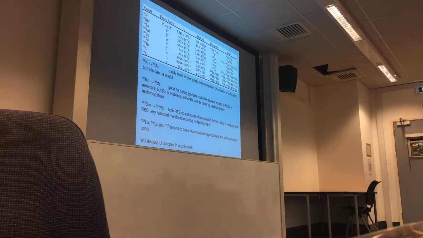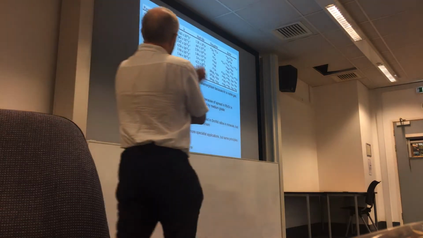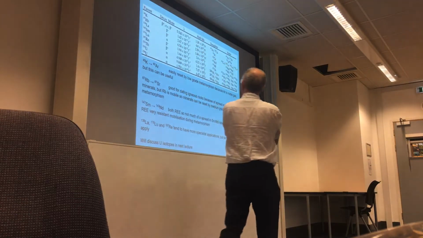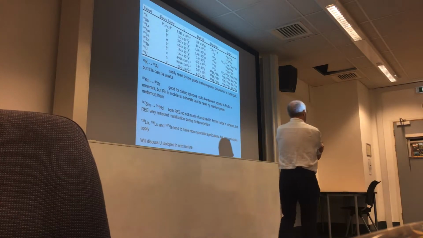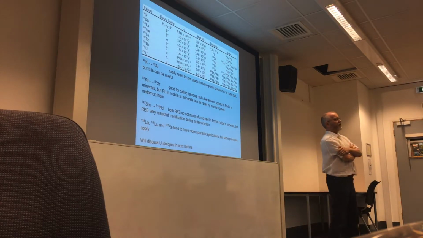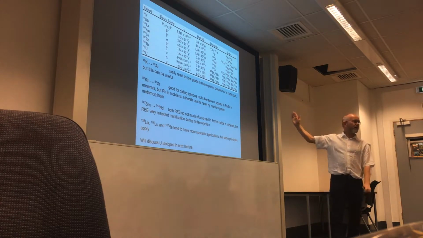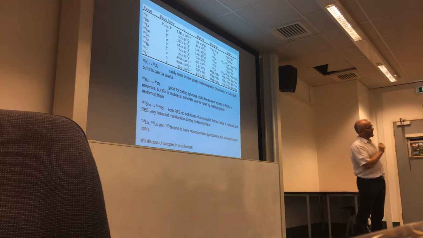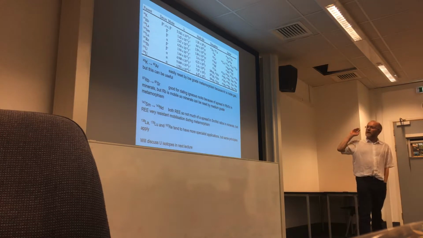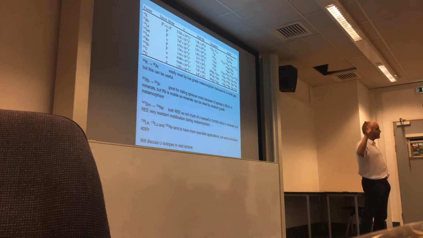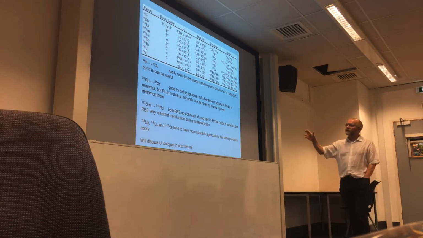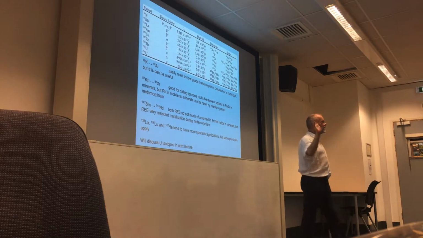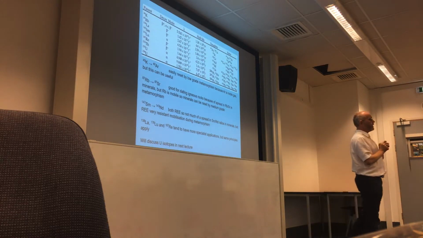Okay, so let's have a look at these other isotopes here then. Potassium-40 decaying to argon-40. Well, argon is a noble gas, sits on the right-hand side of the periodic table. As I mentioned in the first lectures, noble gases don't bond to anything. So argon doesn't really want to be in a mineral.